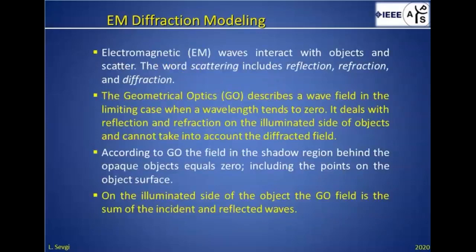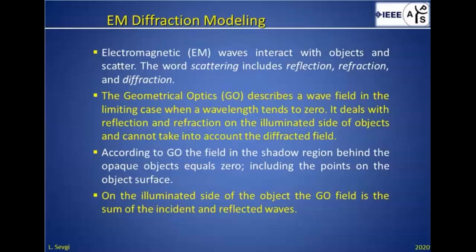In early times, we used geometrical optics, and GO describes a wave field in the limiting case when the wavelength tends to 0. So if the wavelength is almost 0, which means the frequency is very high, almost infinite, that's why we call GO a high-frequency asymptotic method.